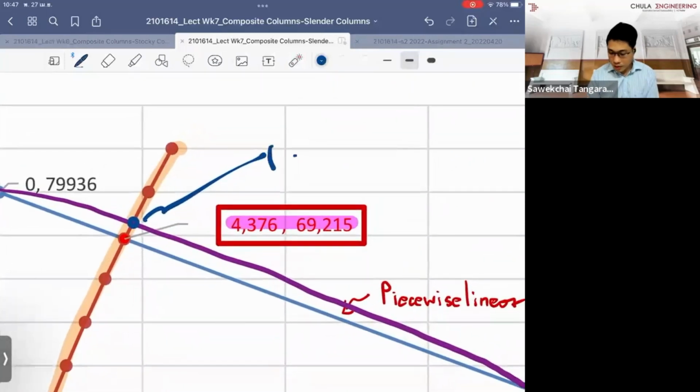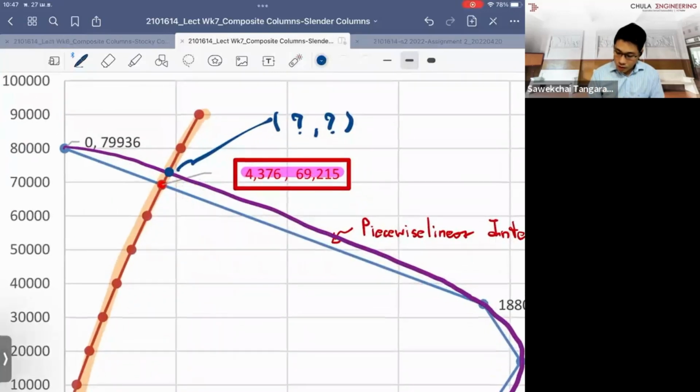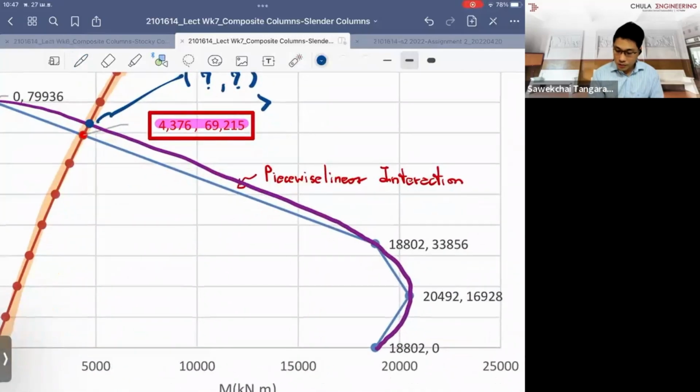But we don't know how much it is. So you have to find the intersection between these two lines. But of course, this will be more than what you have here. This will be more, from the piecewise linear interaction diagrams.